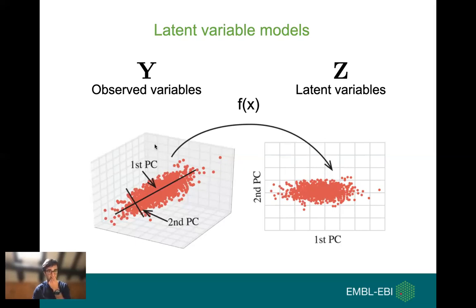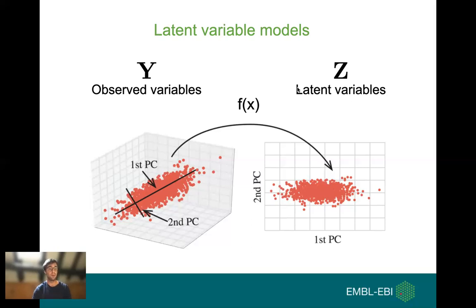This low-dimensional space is defined by what we call the latent variables, and it typically brings you a compressed and denoised representation of the data, which is very convenient to visualize and perform some downstream analysis tasks. Much easier than working with a super high dimensional and complex gene expression space, for example. Now, how you perform this dimensionality reduction depends on how you define this function f of x.